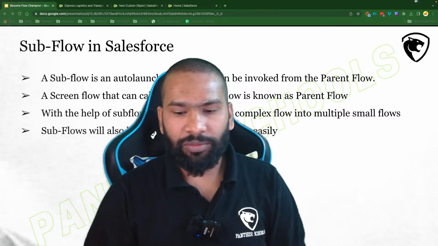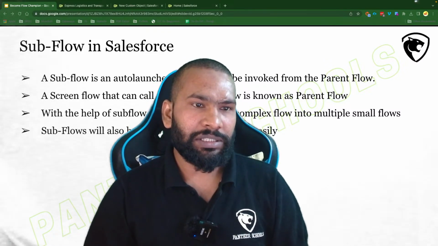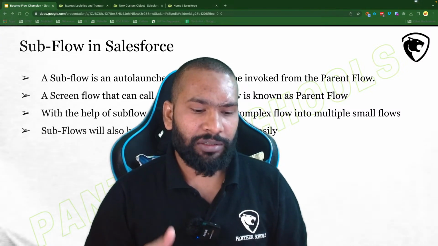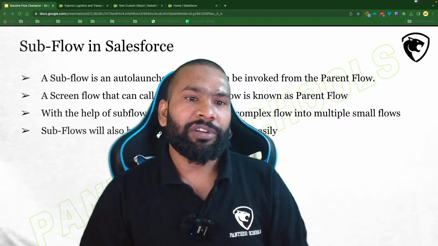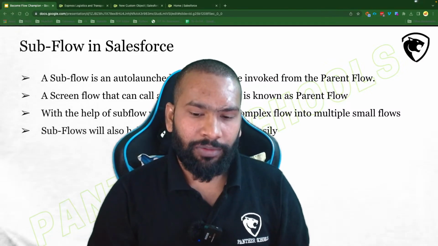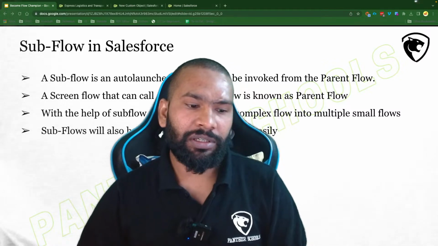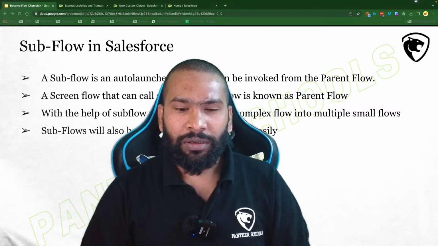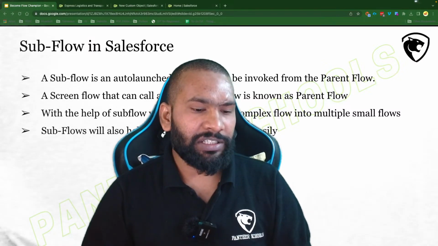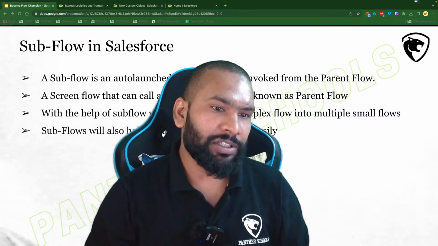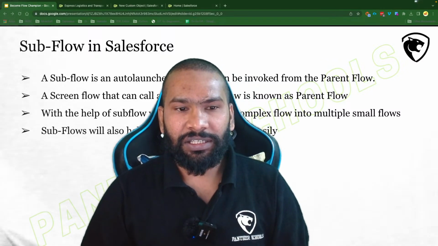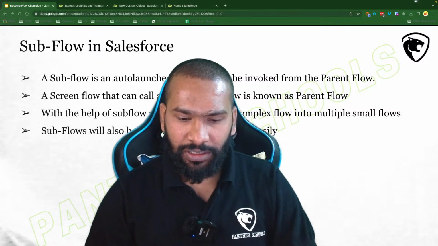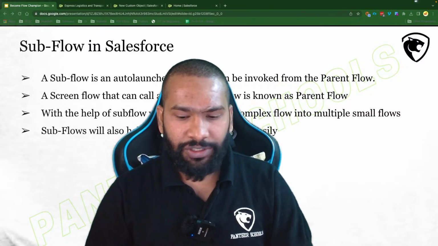You will see both kinds of flows in real time in your company, in your organization, where some of the flows are using record variables, some of them are using direct input. So there is nothing you really need to worry about. If you want the best practice, I will always recommend using record variables, because that is really super easy for us. It enhances our productivity. So that is the answer to your question.